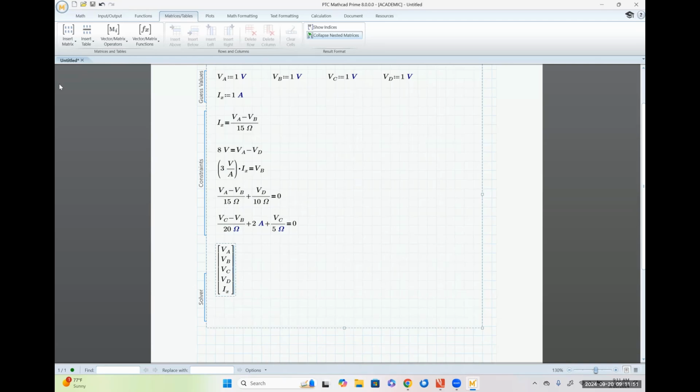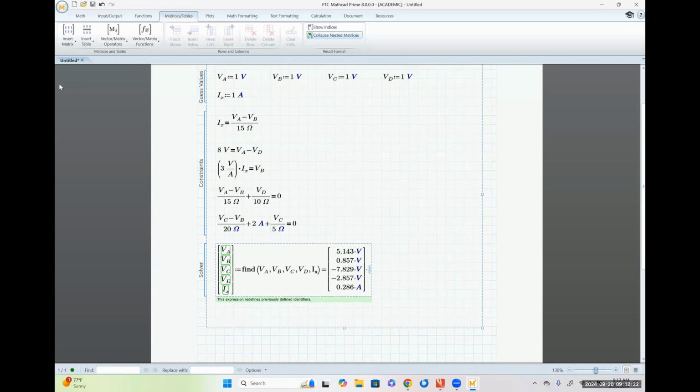I am now doing shift colon to give me that equal sign. And now I'm going to use the command find, and I'm going to put those variables back in: VA, VB, VC, VD, and IX. And now at the end, I'm just going to use the regular good old normal equal sign, and it spits out all my values.